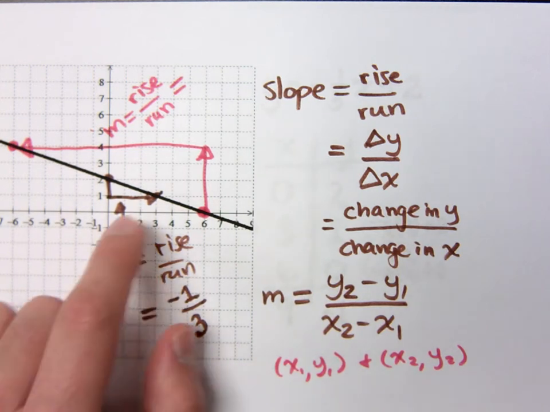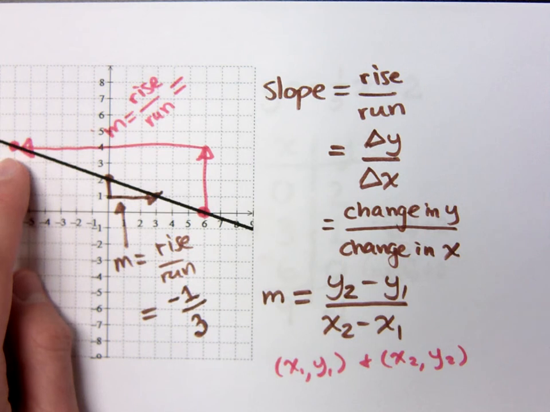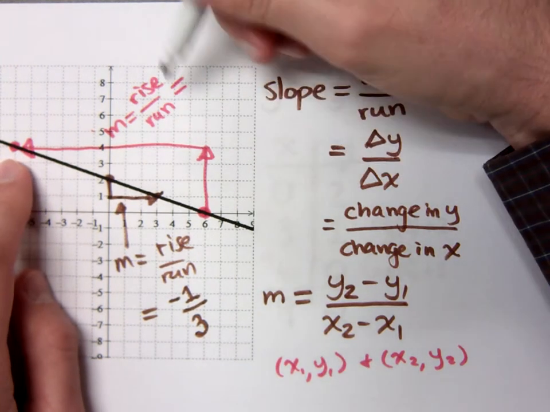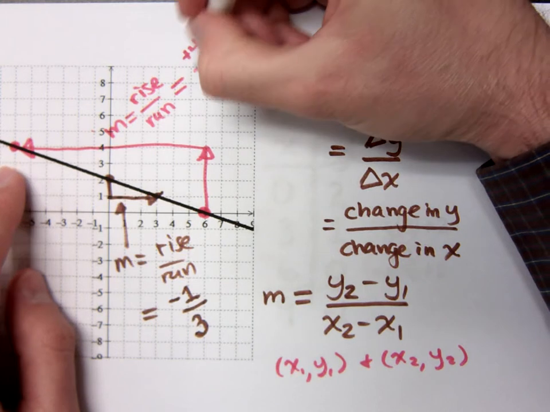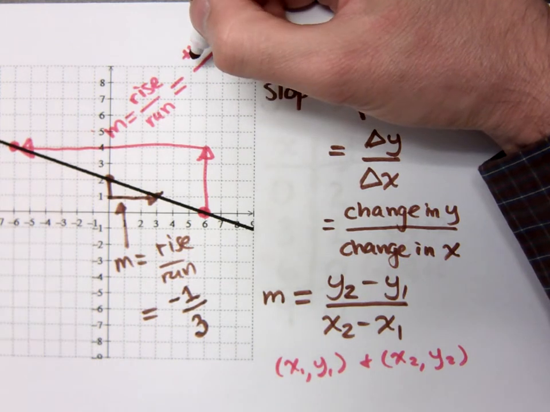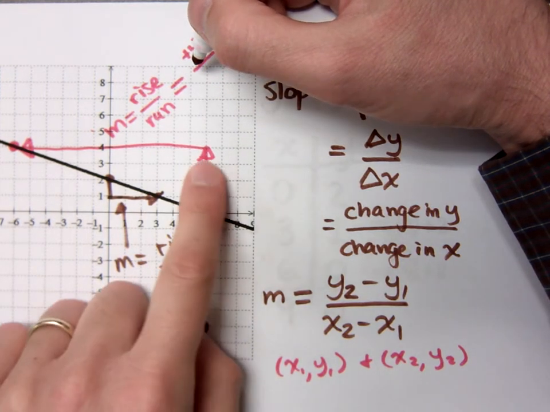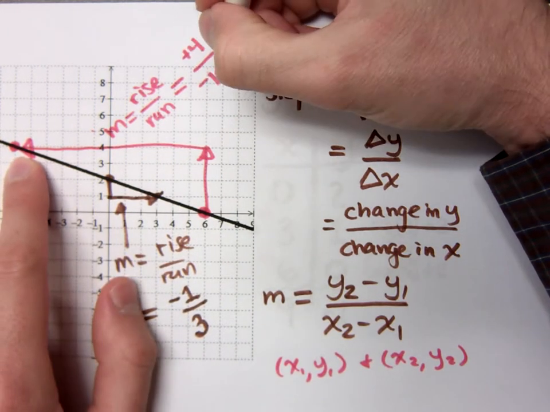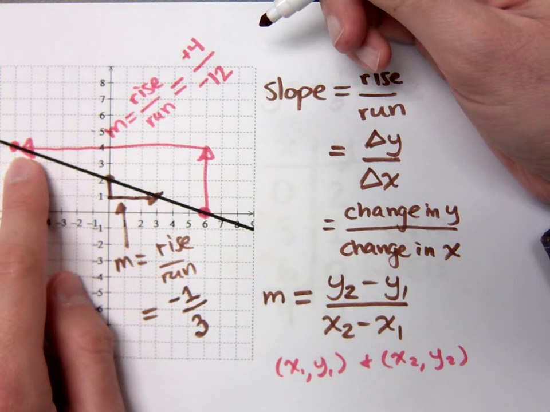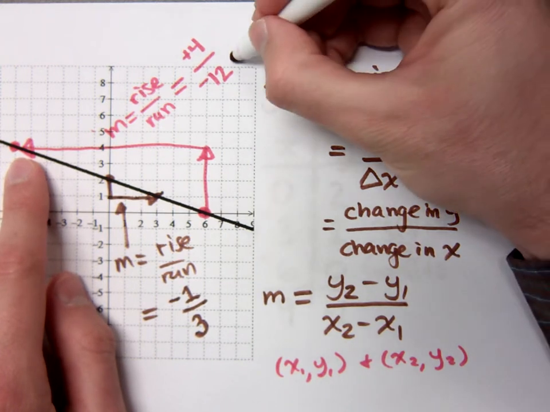Now if I go from this point to this point, what's your rise? You can just count this and what do you get? You went up 4, didn't you? But when you run, you go to the left, so what does that mean? If you count that, that's -12. What's 4 over -12? 1/3.